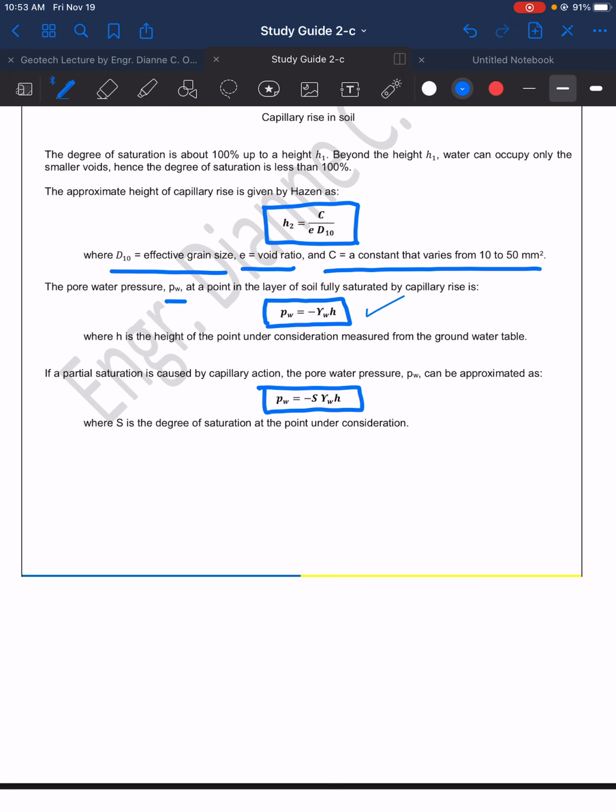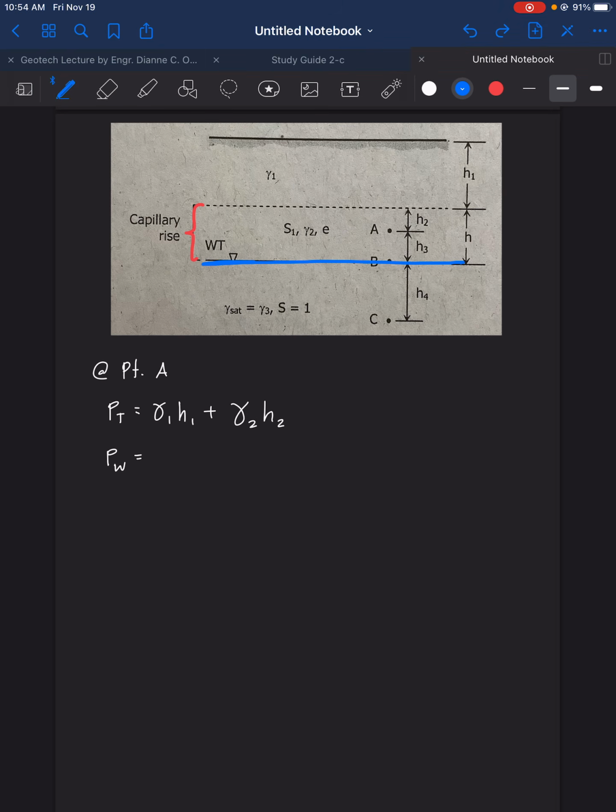But if there is a partial saturation, we will use this formula. Let's say that it has a degree of saturation S sub 1. So PW here is negative S sub 1 times gamma of water times H3.